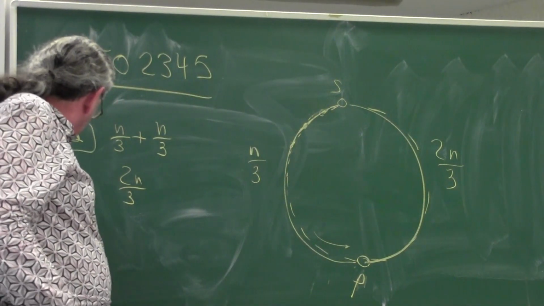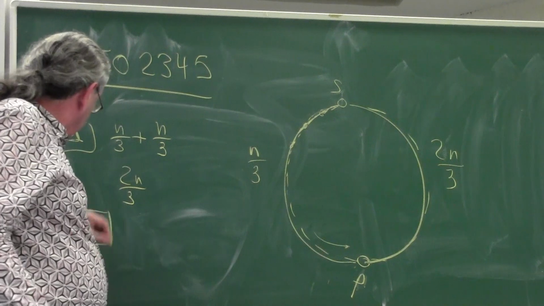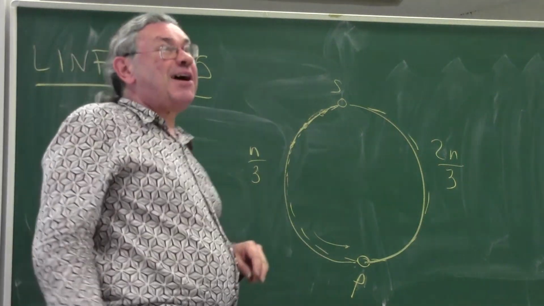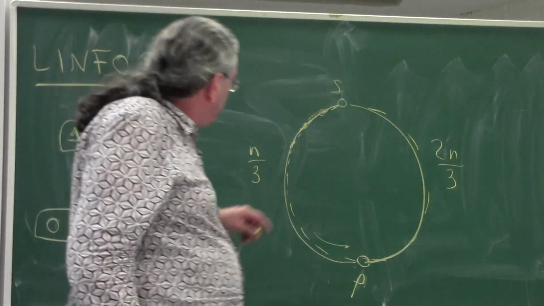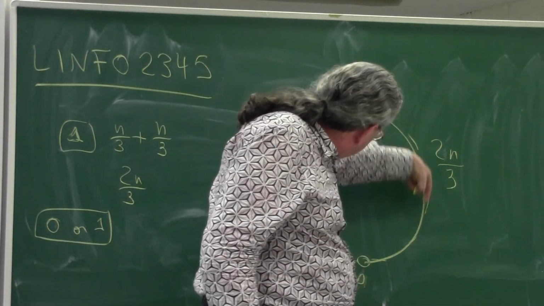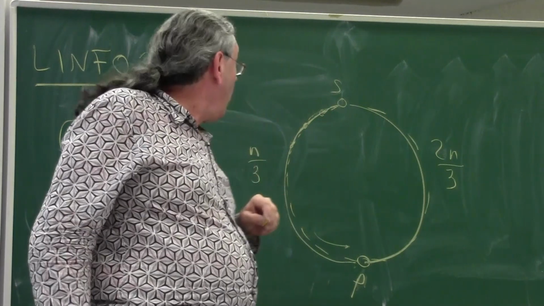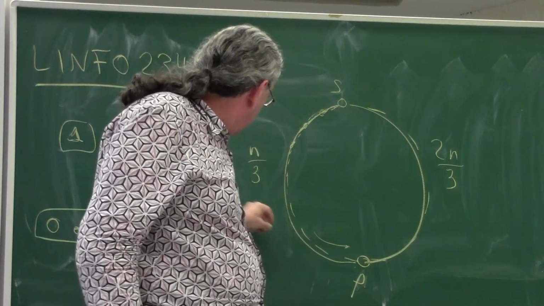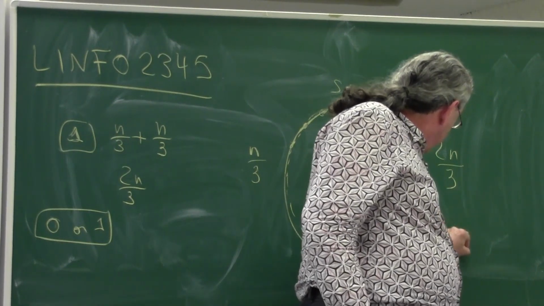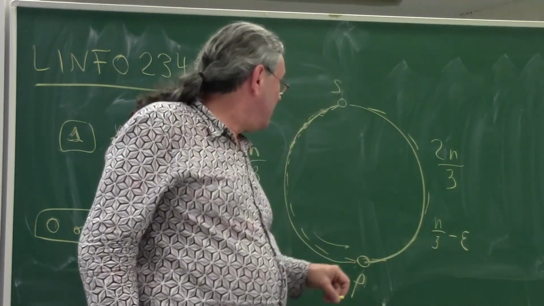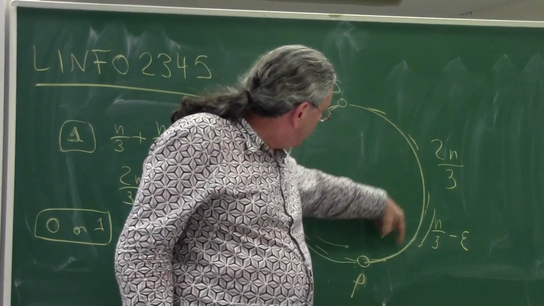Now let's say we do 0 or 1. Now I can trick the algorithm to make it go slower. I can choose some of the messages going down here to be 0. All these will still take 1. So I can choose them so that the time will be a little bit less than n over 3. Okay, so some of these will be zeros.